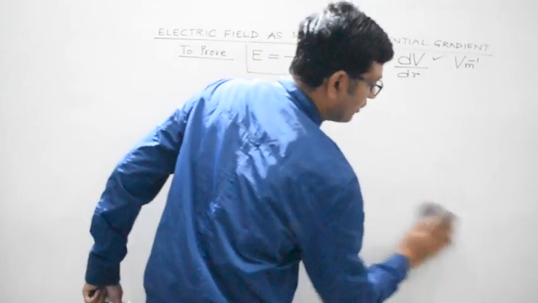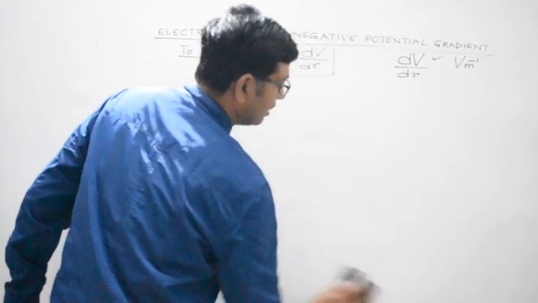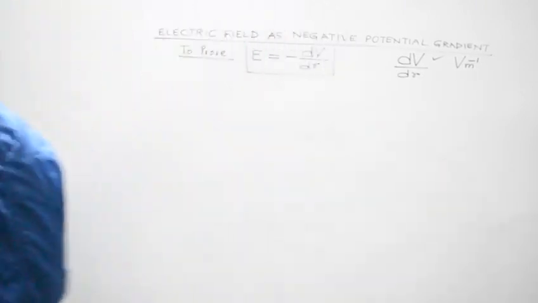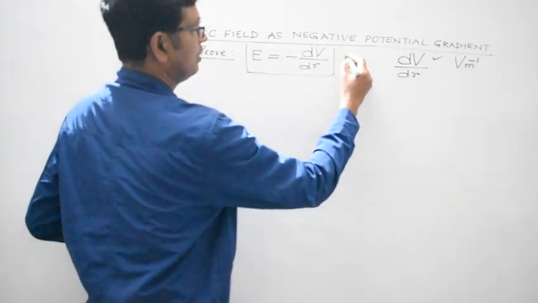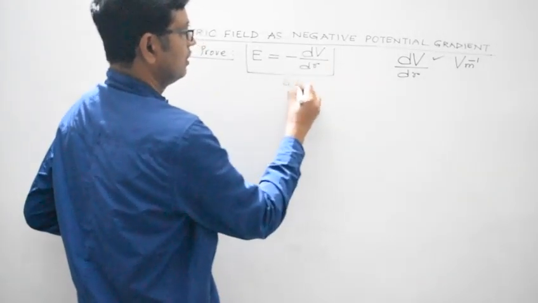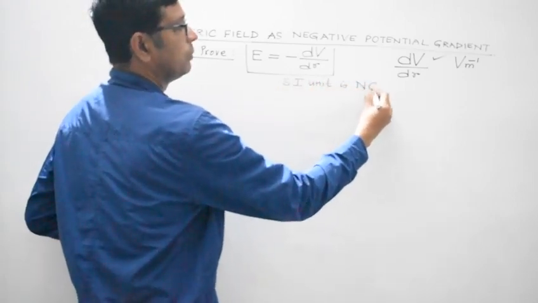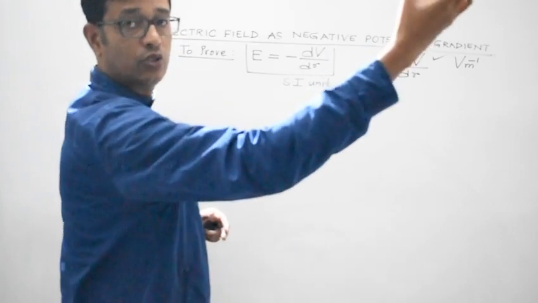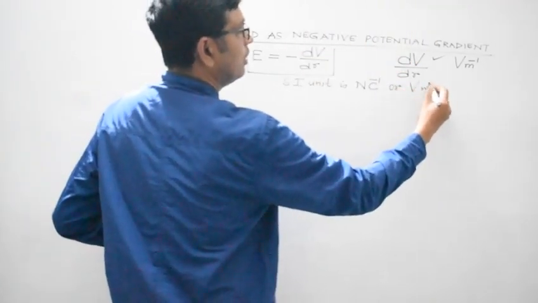So in SI the electric field can be represented either by Newton per coulomb, electric field is force per unit charge, or volt per meter.